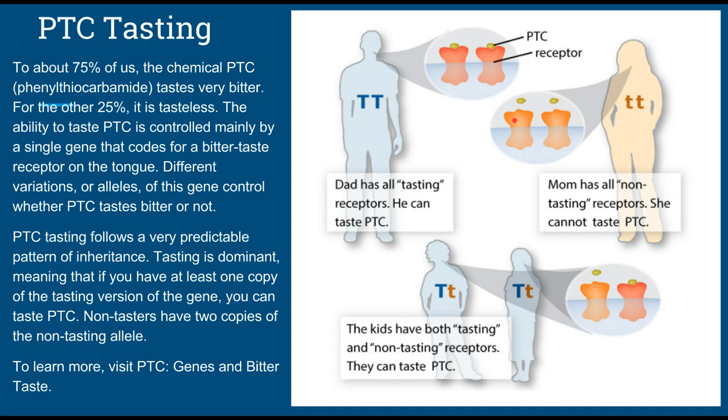If you do not have the PTC tasting trait, your receptor is shaped differently. Now remember, shape, when it comes to proteins, is the most important thing about how it functions. So if this PTC receptor is shaped a little differently, say there's that little bump in it, now the PTC can't bind, so therefore there's no signal getting sent through this receptor to your brain.